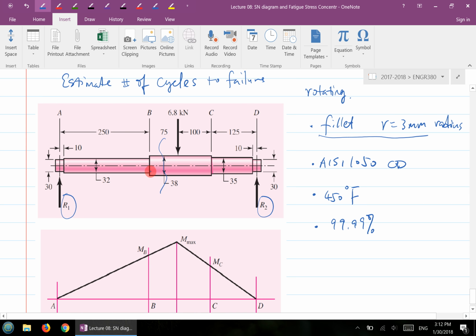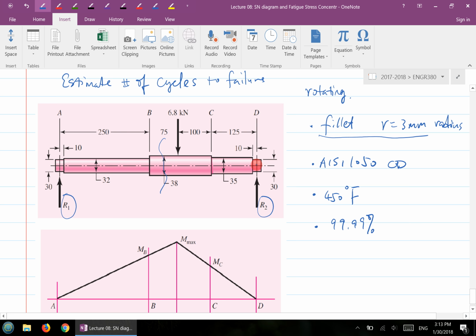If you multiply the stress concentration factor with the bending normal stress caused by the bending moment at these two locations, chances are they will actually have higher bending normal stress than the location here. So for this particular shaft, where do you think the critical location would be? B or C?